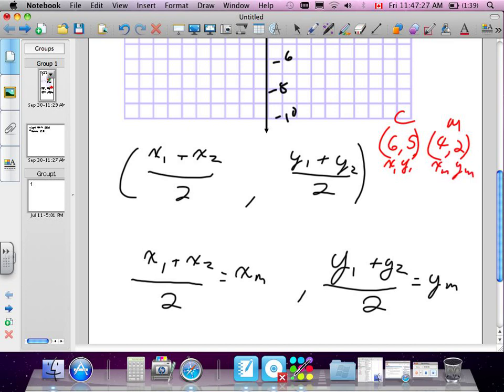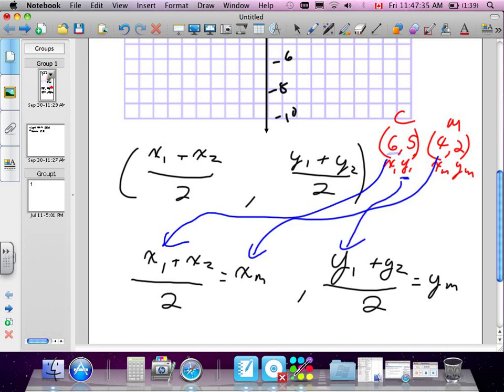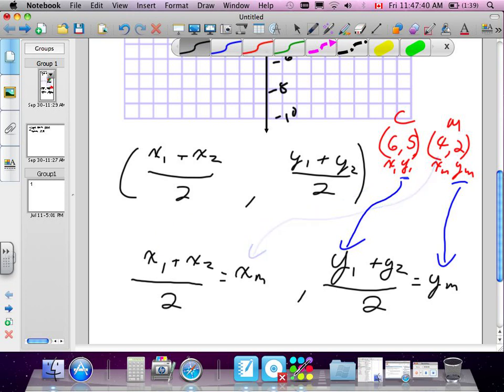What I'm going to do now is plug these variables in: x1, xm, y1, and ym. And I'm going to solve for whatever variable's left, which will end up being the point we're looking for.